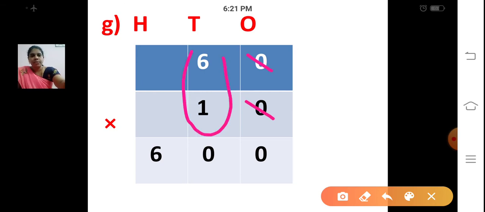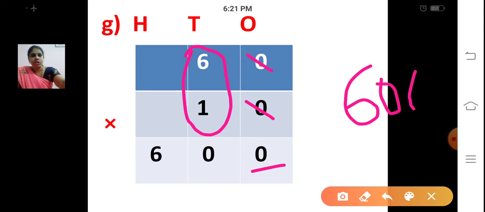So now we are going to multiply 6 into 1. 6 ones are 6. But don't write this 6 here, that is wrong. Now how many zeros are there here? 2 zeros, right? So 1, 2. So the answer is 600. When you multiply 60 into 10, the answer is 600.